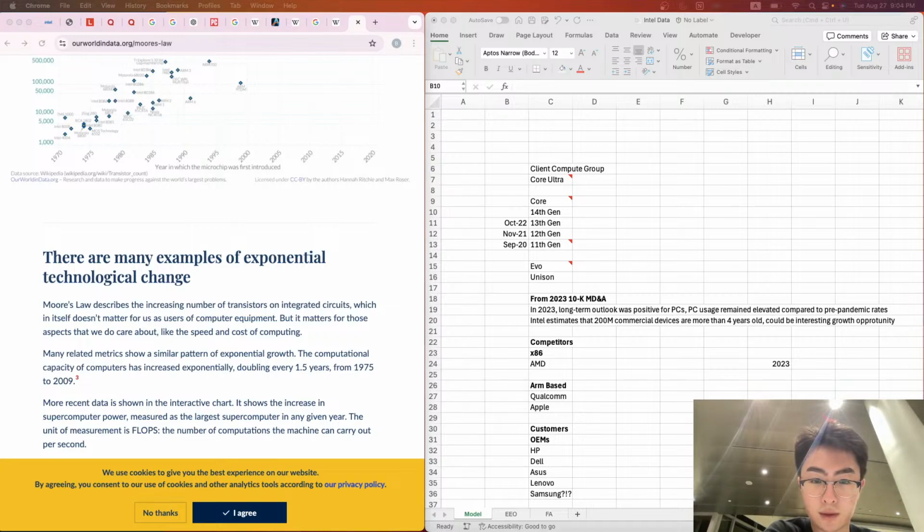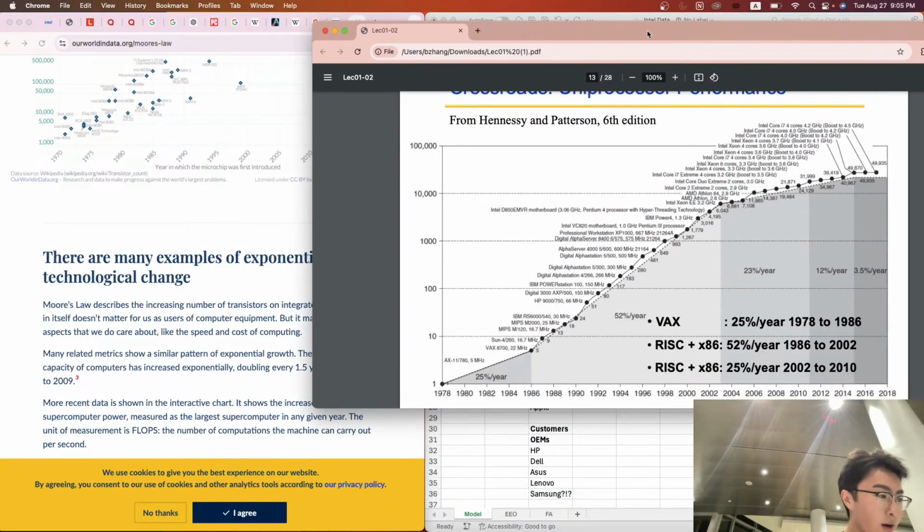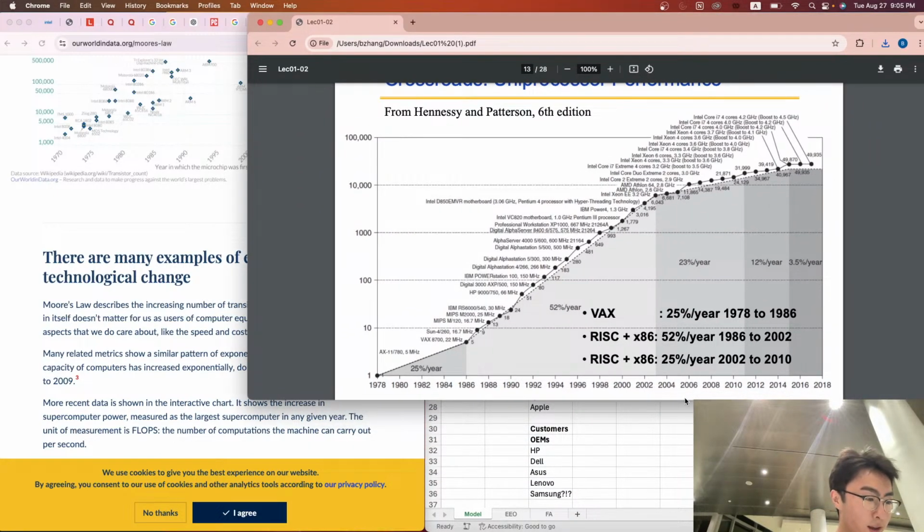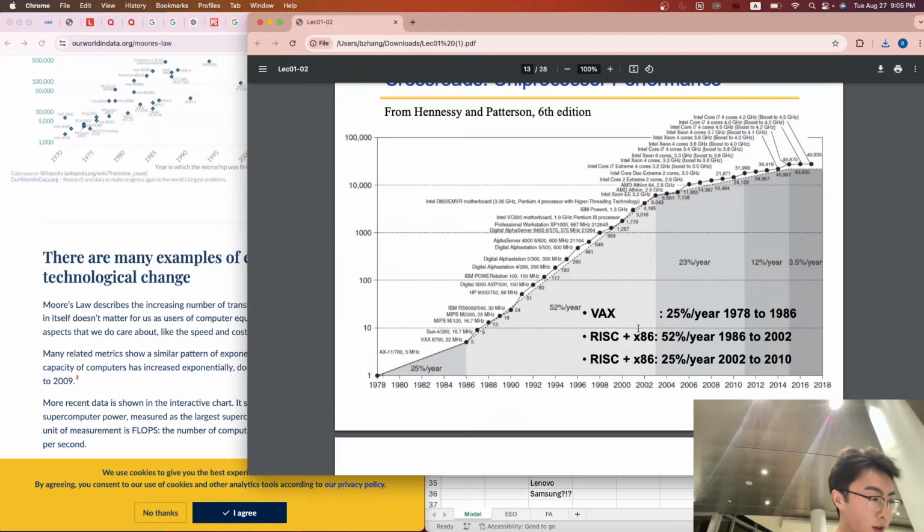Lecture 1. Okay, I don't know exactly what the y-axis here is, I'm gonna be honest.